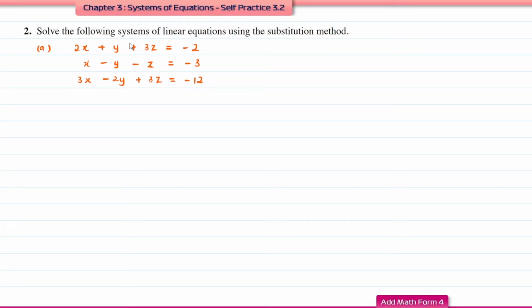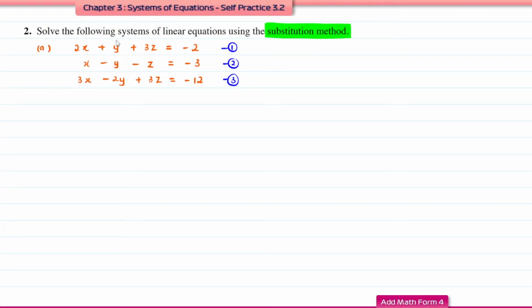Question number 2. Solve the following system of linear equations using the substitution method. So first, let us label the equations. So next, we want to choose a variable and express it in the other terms. Normally, we will choose a variable with the coefficient of 1, so that when we express it in the other terms, the answer will not be in fraction form.